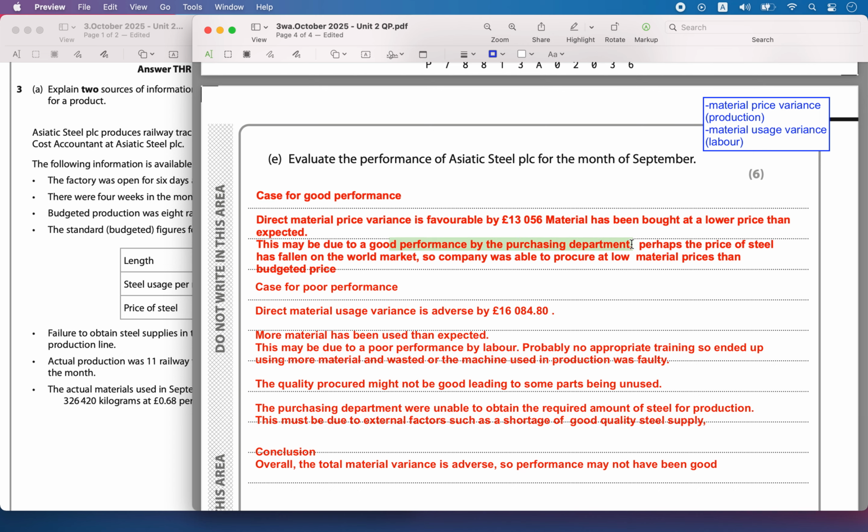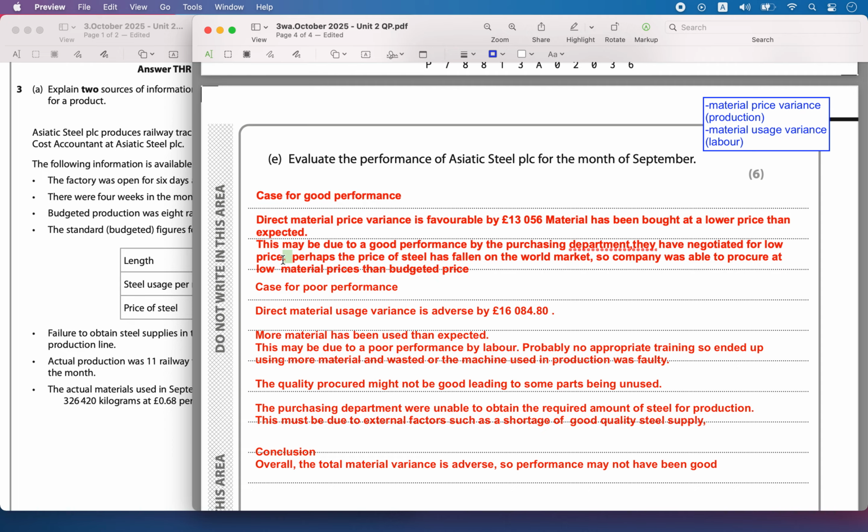This might be due to good performance by the purchasing department. Maybe they have negotiated well for a low price. You have to write this statement.